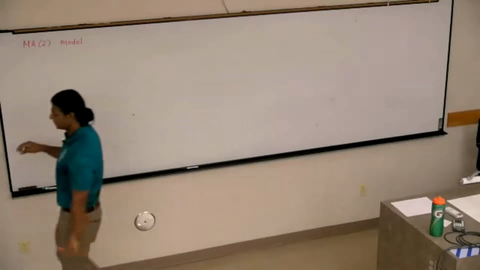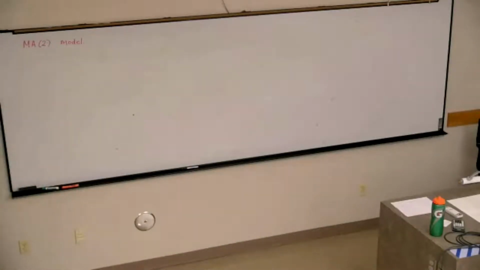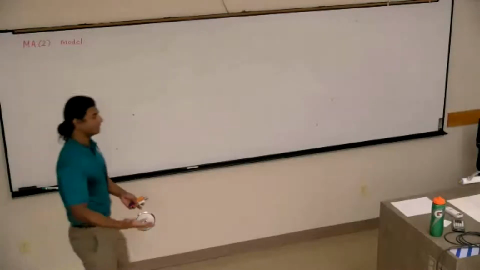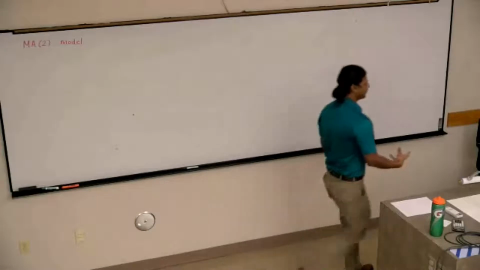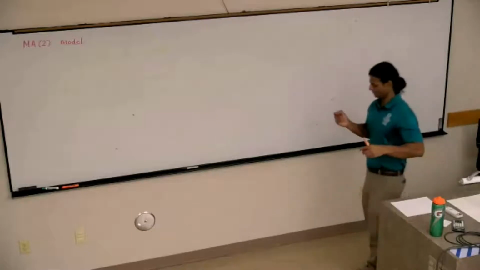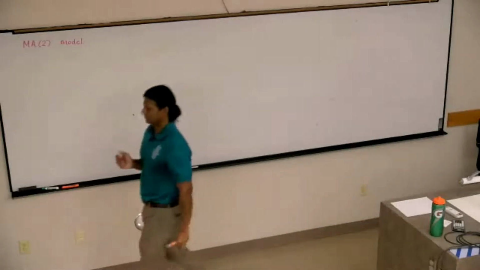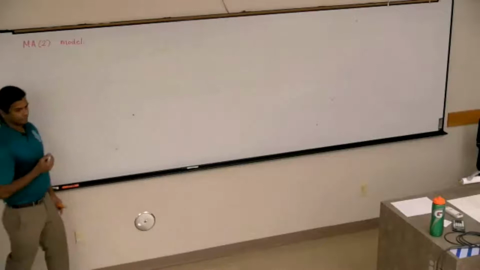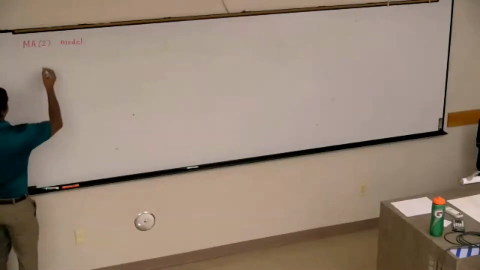So if I asked you, what should the series look like for MA2? Take a look at your notes. Look at MA1 and tell me what MA2 would look like. Would it be theta 2 epsilon t minus 2 plus theta 1 epsilon t minus 1 plus epsilon t?